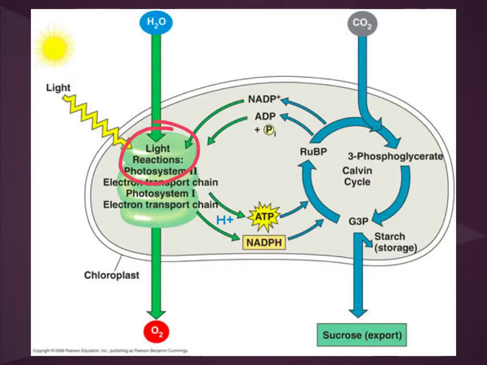The products of our light-dependent reactions include ATP and NADPH, and they are sent into the stroma of the chloroplast of those same mesophyll cells, combined with CO2, and we have our Calvin cycle taking place. Okay, so key here is that in most plants, photosynthesis takes place inside one single cell. We call those cells the mesophyll cells. We're going to show you in a second an alternative to this kind of photosynthesis.